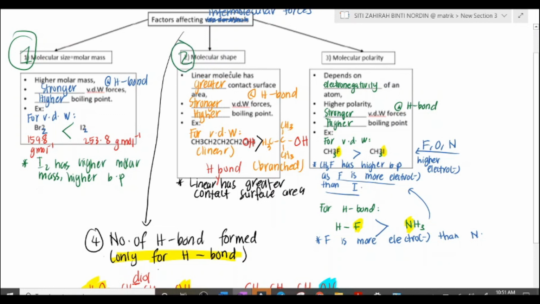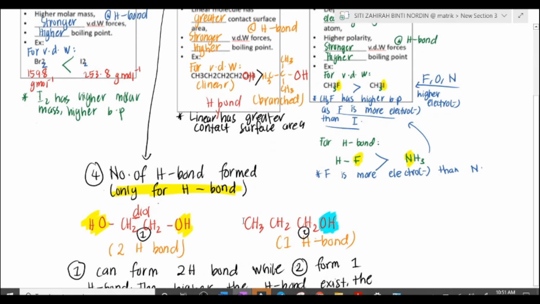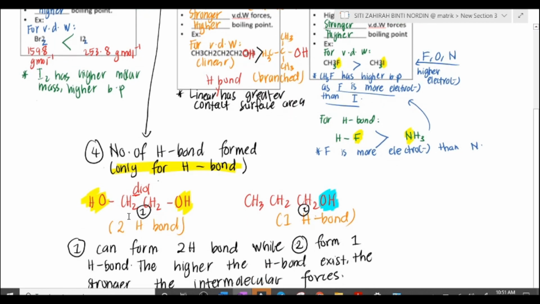But if the shape is also the same, then you look at the third factor, which is polarity. And the fourth factor is when you are comparing hydrogen bonds: first you have to calculate how many hydrogen bonds a molecule can develop.